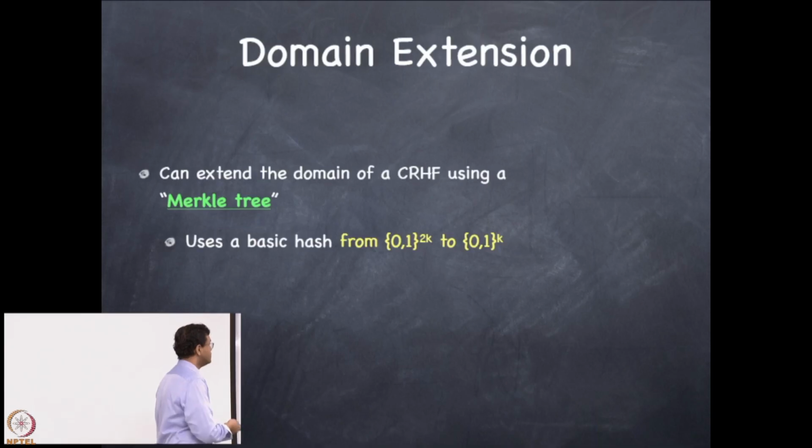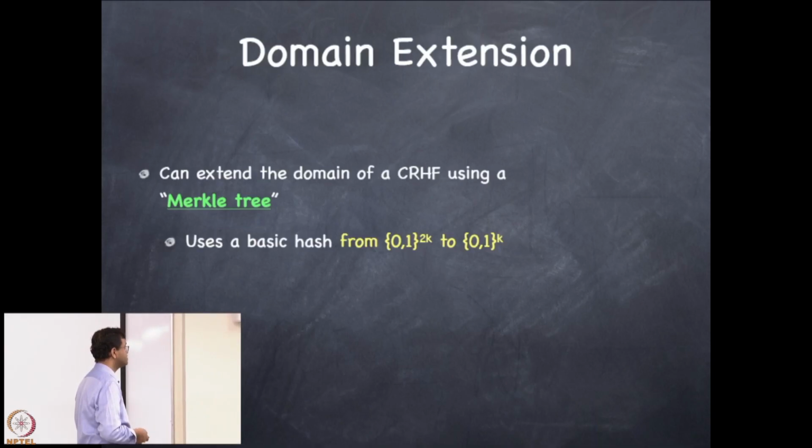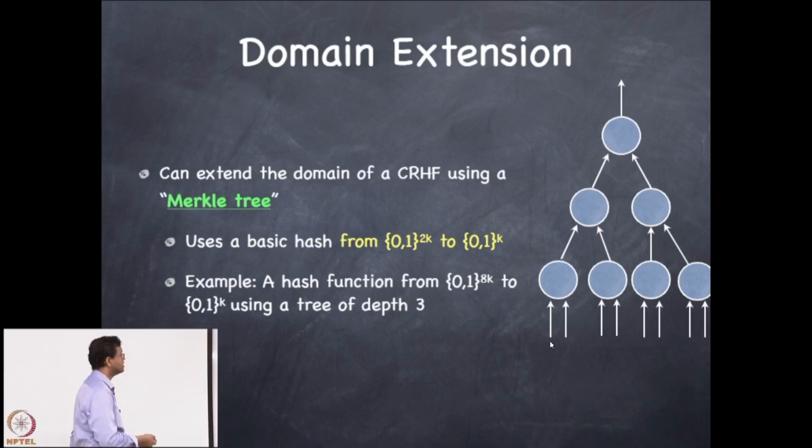And yeah, so you're given this hash function which goes from 2k bits to k bits. You make a tree out of that. Okay, so this tree is a binary tree. At each node, imagine a hash function sitting that takes 2 blocks and produces 1 block output.